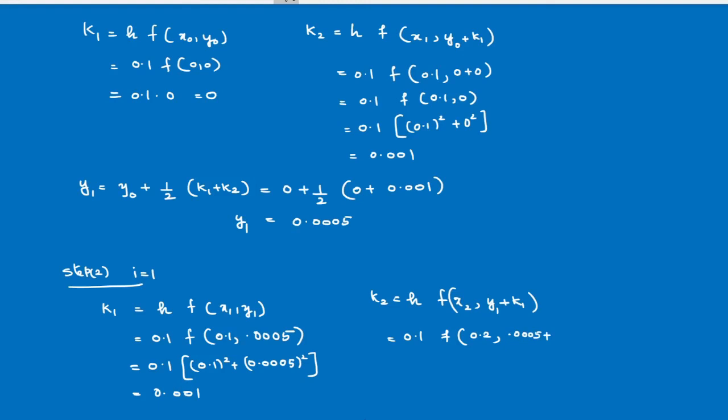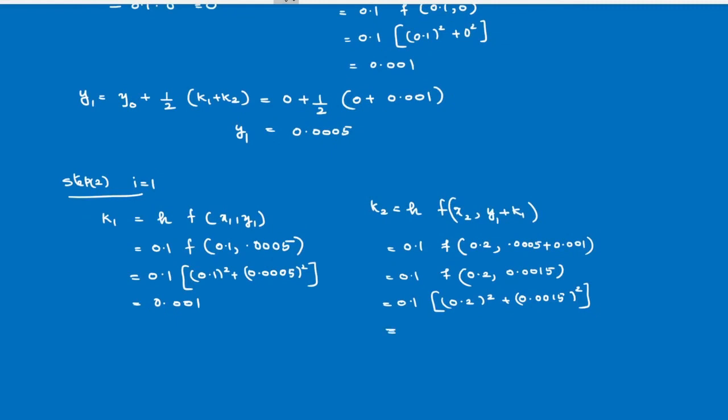It is 0.1 into f of 0.2 comma 0.0015. f of x, y is x square plus y square, that is 0.2 square plus 0.0015 the whole square. On simplifying, you will get 0.004.